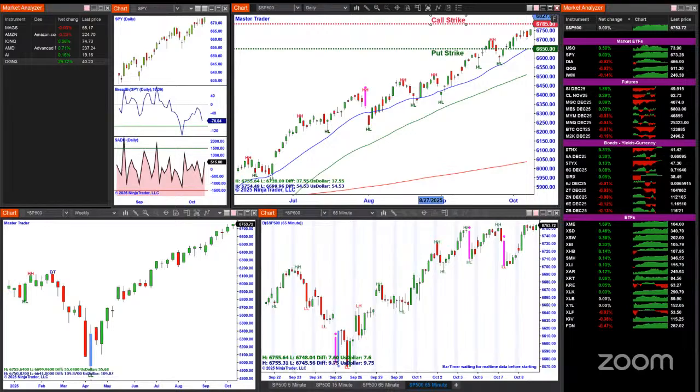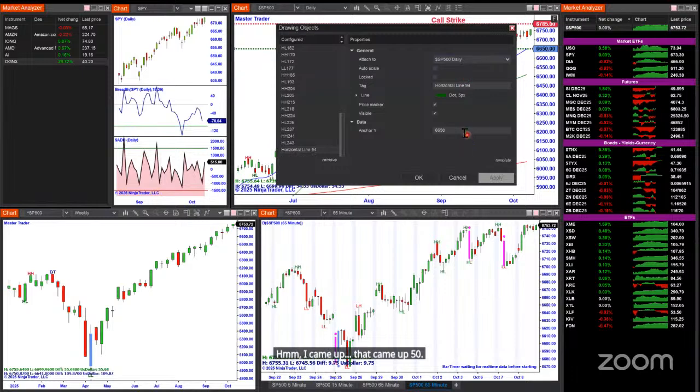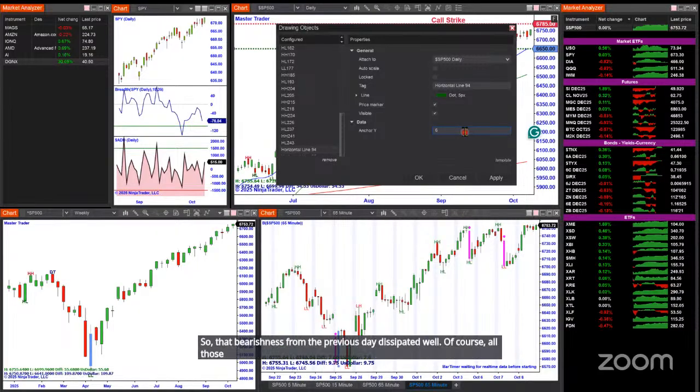And the bottom, 6,700. Okay. That came up 50. So that bearishness from the previous day dissipated. Well, of course, all those option traders that bought those puts lost their money.